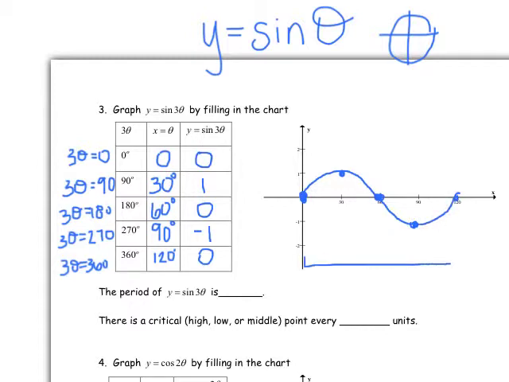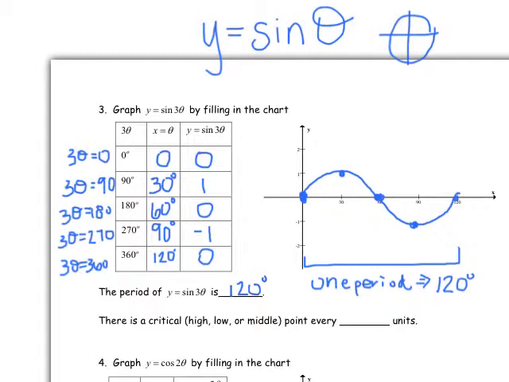And in this case, our one period only took 120 degrees. And that is not coincidental: if 3 theta equals 360, if you divide 360 by 3, you get 120. So the period of sine 3 theta is 120 degrees.